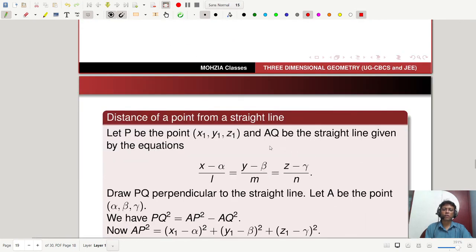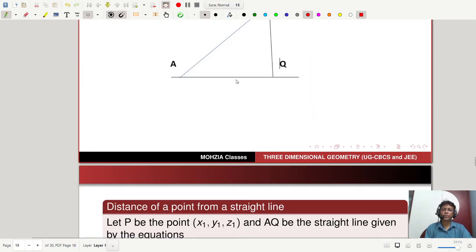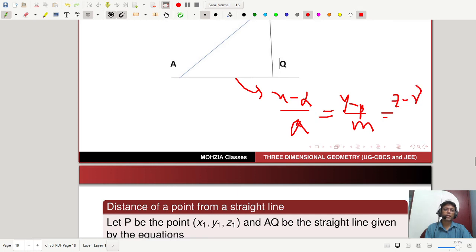And the equation of the straight line AQ is given by (x minus alpha)/l equal to (y minus beta)/m equal to (z minus gamma)/n. Okay, and this point A is actually alpha, beta, gamma.